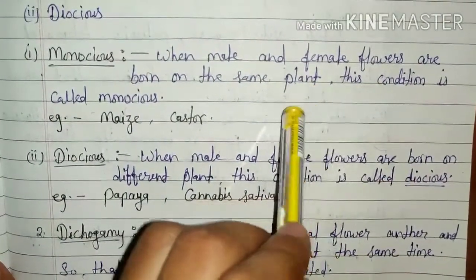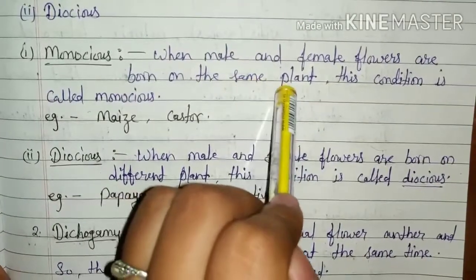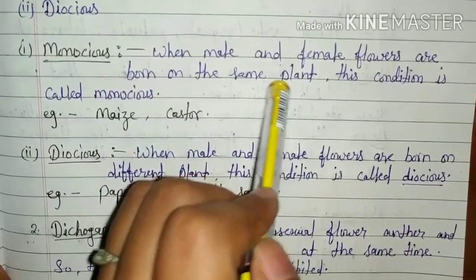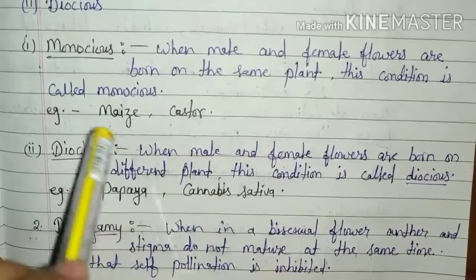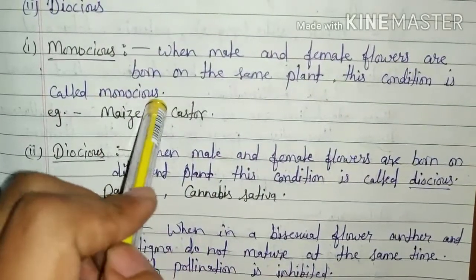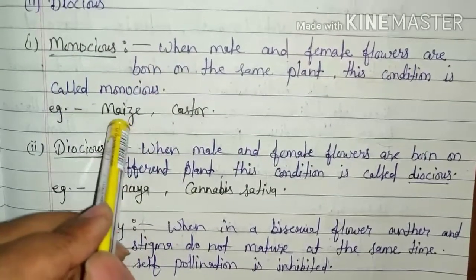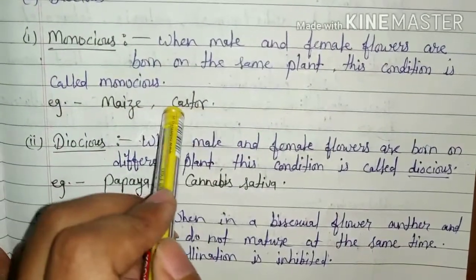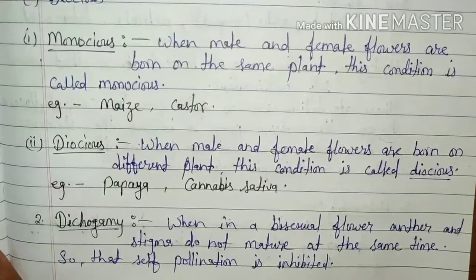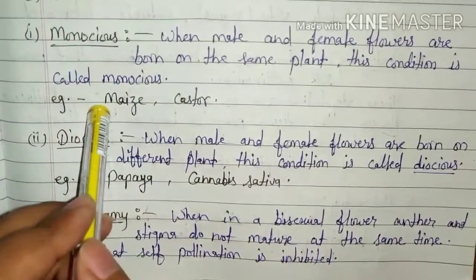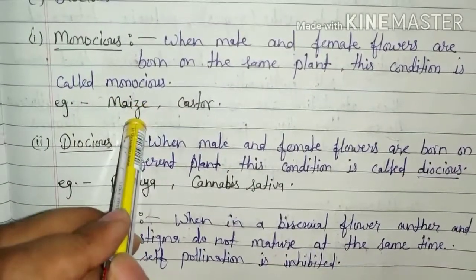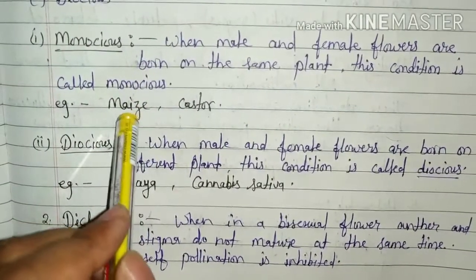It means the same plant body has male and female flowers. This condition is called monoecious. For example, maize plant and castor. In maize plant, male and female flowers are located on the same plant.